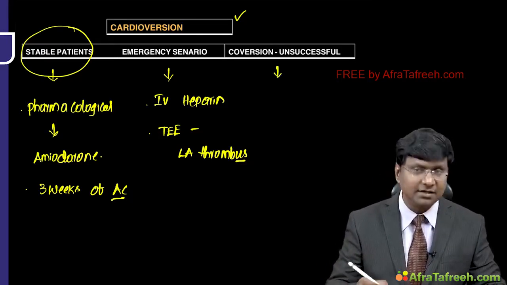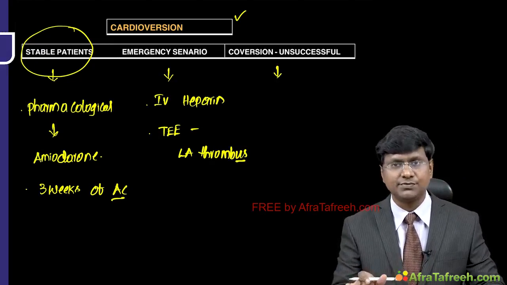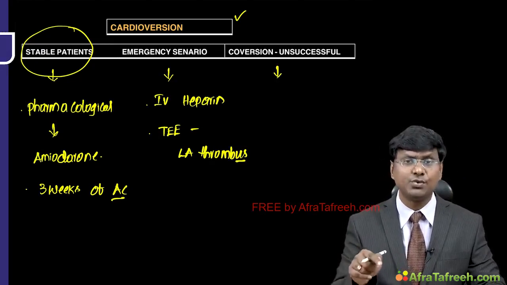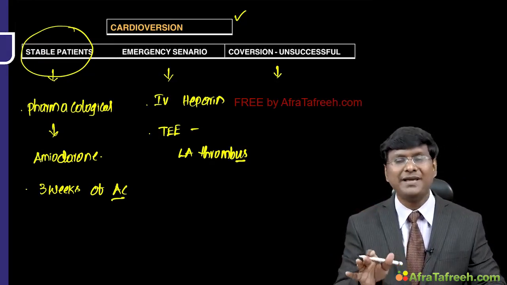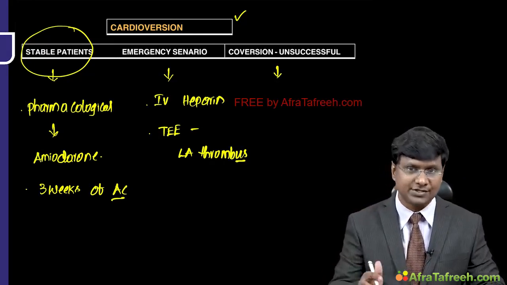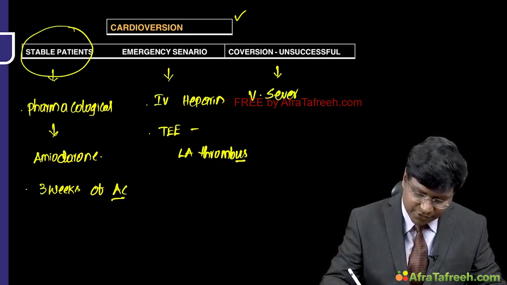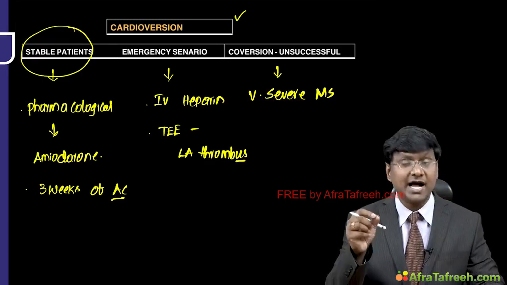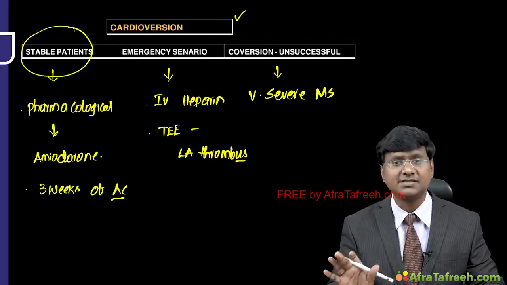Now, in certain cases of atrial fibrillation, the conversion will be unsuccessful, right? What are those scenarios where the irregular rhythm will not be converted back to normal sinus rhythm? You take patients with very severe mitral stenosis where there is a grossly enlarged left atrium. In such cases, the conversion becomes unsuccessful.